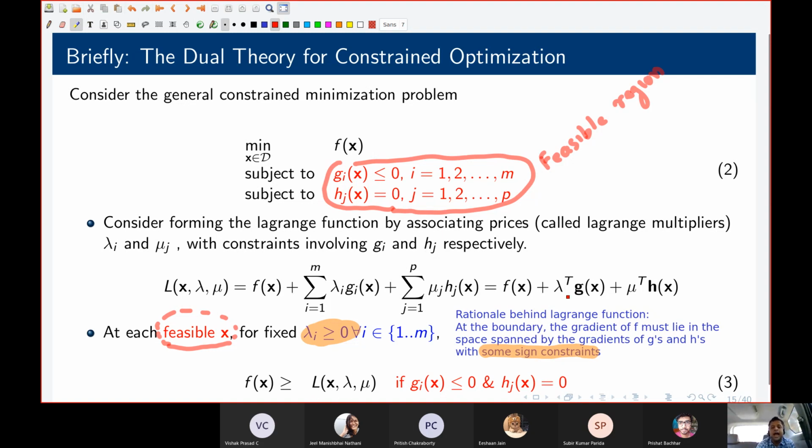Because the Lagrange function has positive lambdas multiplied by negative g_i's, which will obviously be negative. And then the mu's are multiplied by h, which in the feasible region are all zeros. So again, no issue.